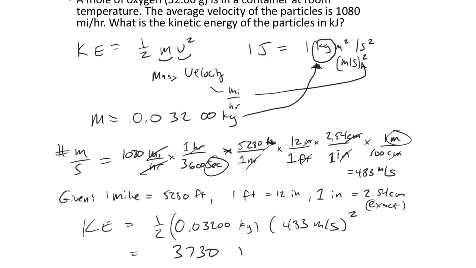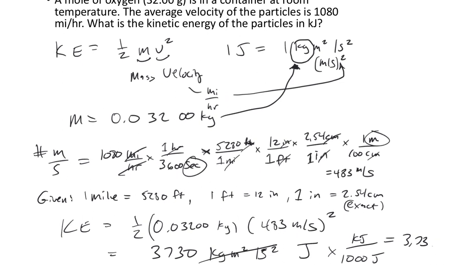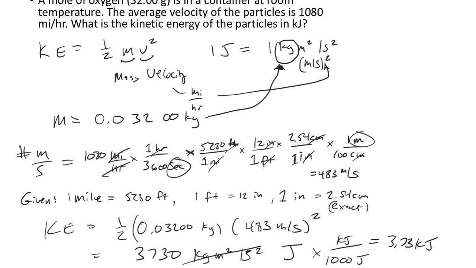Now joules, well, let's write this out more explicitly. This would be 3,730 kilogram meter squared per second squared, where all of this here is the joule. And then we want to go to kilojoules. 1,000 joules per kilojoule gives 3.73 kilojoules.